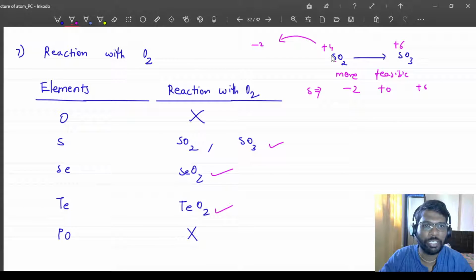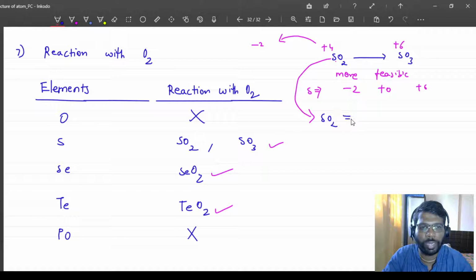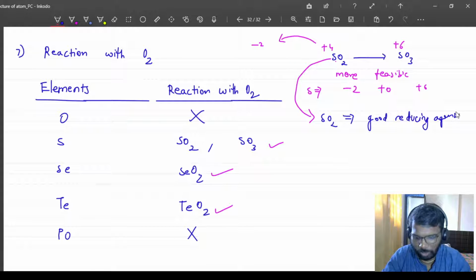Sulfur dioxide changing from +4 to +6 means oxidation of the sulfur dioxide. Here the oxidation of sulfur is taking place, so sulfur itself is getting oxidized. Since sulfur itself is getting oxidized, it can act as a good reducing agent. SO2 can act as a good reducing agent because it can itself go from +4 to +6.